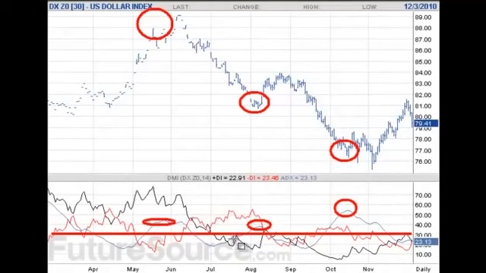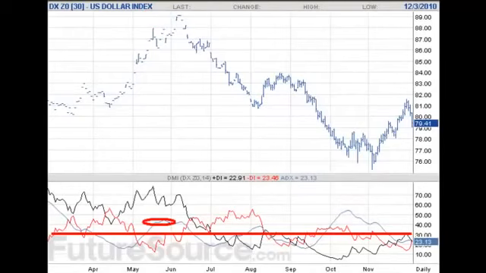So that's what's really neat about the ADX. When it gets above this 30 line and it's rising, a lot of times it can call turning points in a market. Not all the time, nothing's 100%, but it's a pretty good indicator of picking turning points in a market.